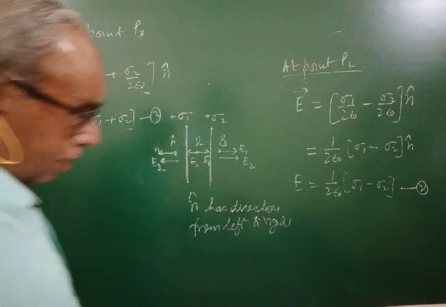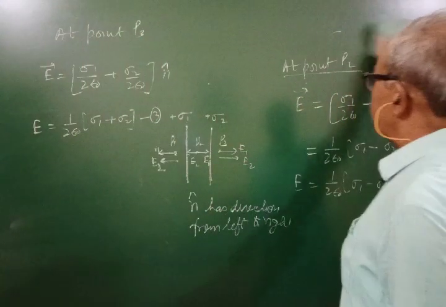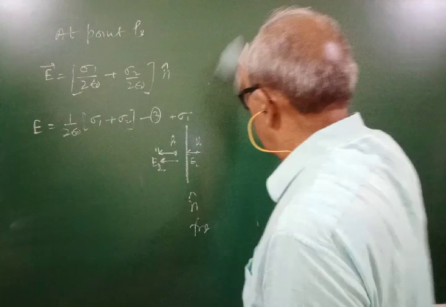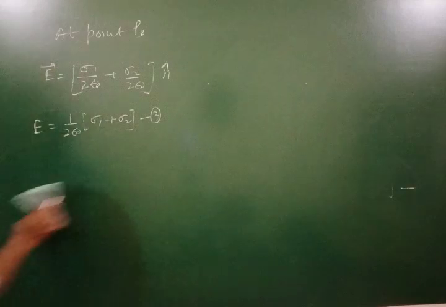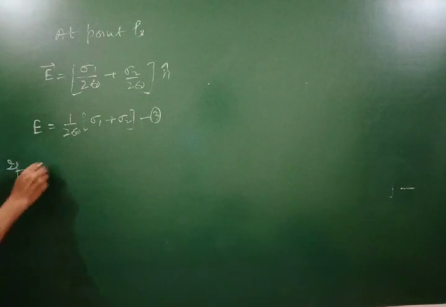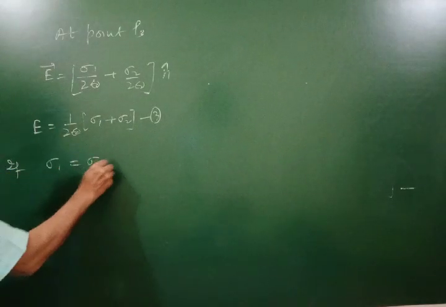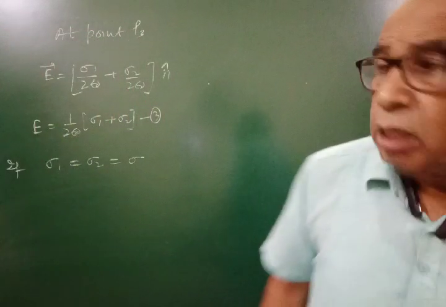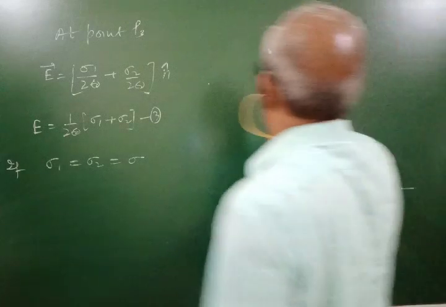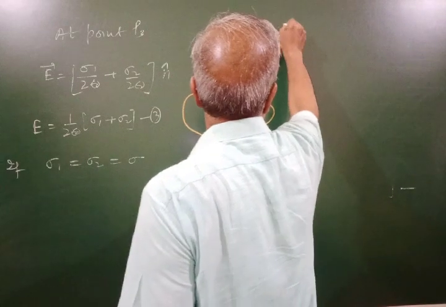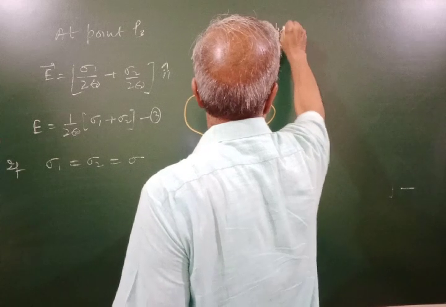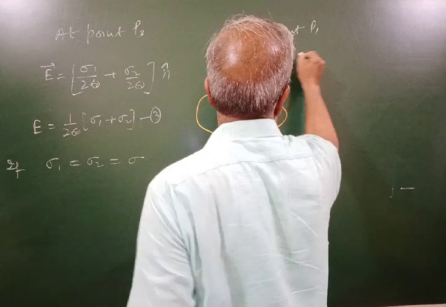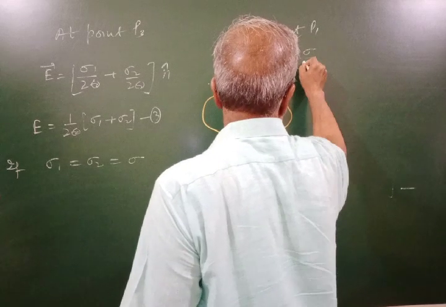Now here we take some other conditions also. What are those conditions? Conditions are like this. If sigma 1 is equal to sigma 2 is equal to plus sigma, meaning both plates have equal and positive charge density, then at point P1, E is equal to minus sigma upon epsilon 0.